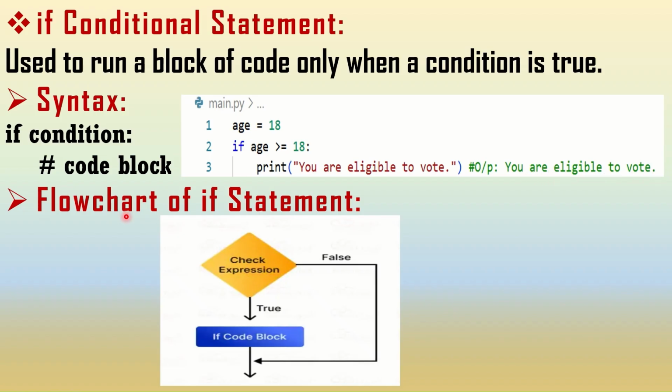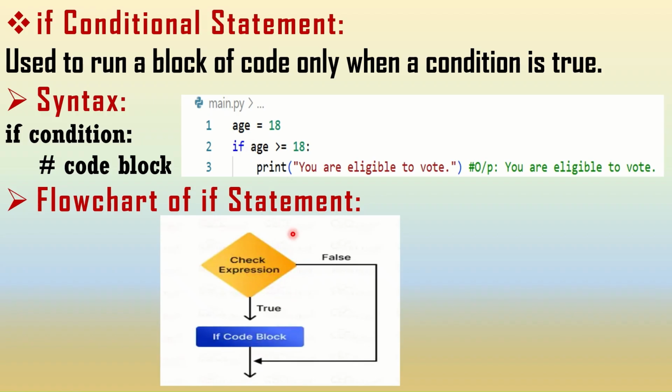And if you can see the flow chart of the if statement in Python, the flow of the program is determined by the test expression. Initially the test expression will be checked. Here the test expression will be if age is greater than or equal to 18. If this condition becomes true, then the block of statements inside that if condition will be executed.